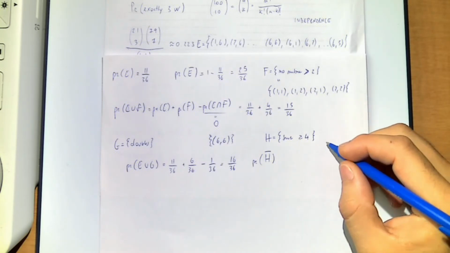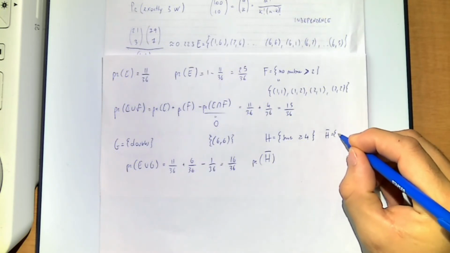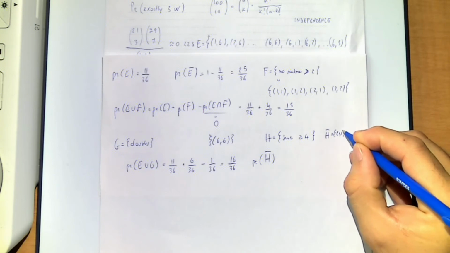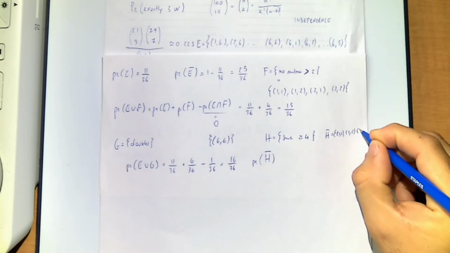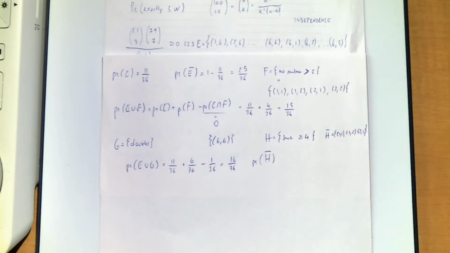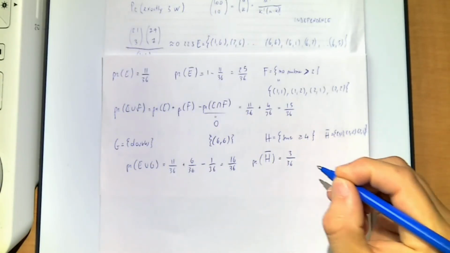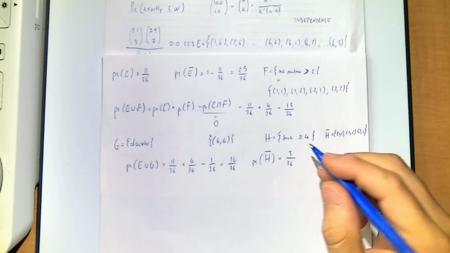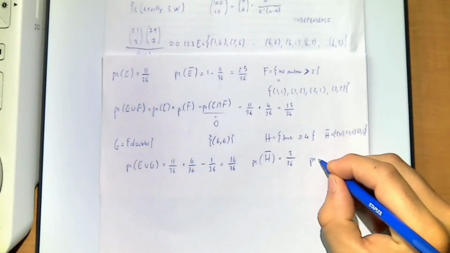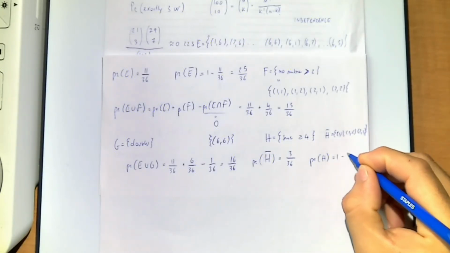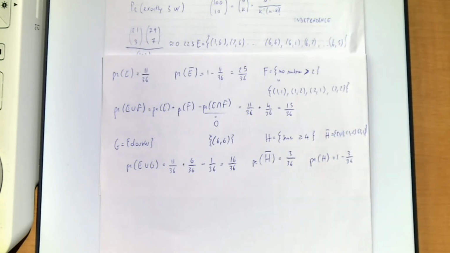Not H is the event 1 1, 1 2, or 2 1. Everything else is sum at least 4. So then we can do this quickly, and this is just 3 over 36. And then therefore the probability of H is 1 minus 3 over 36. Okay? So a lot easier in this case. So you get 33 over 36 or 11 over 12.